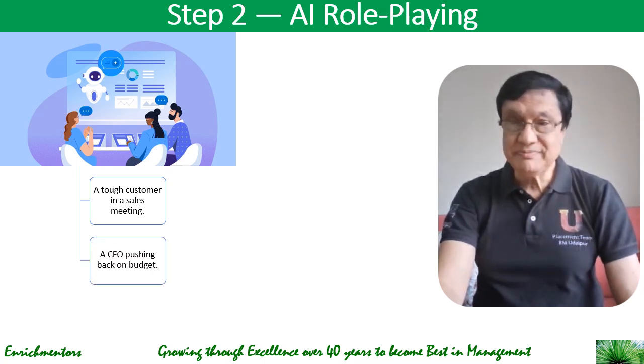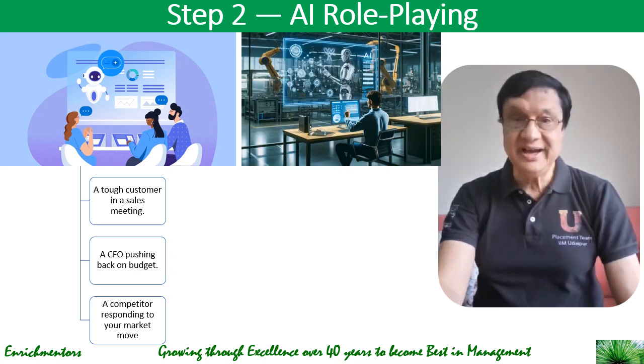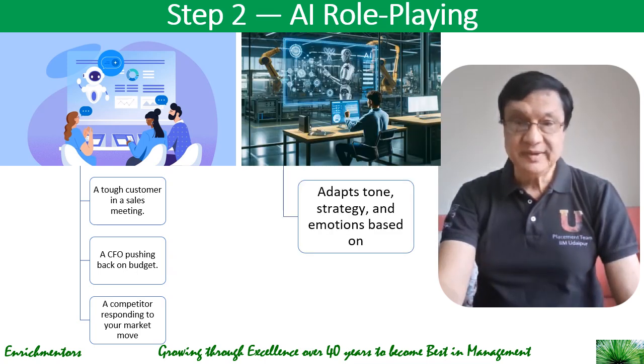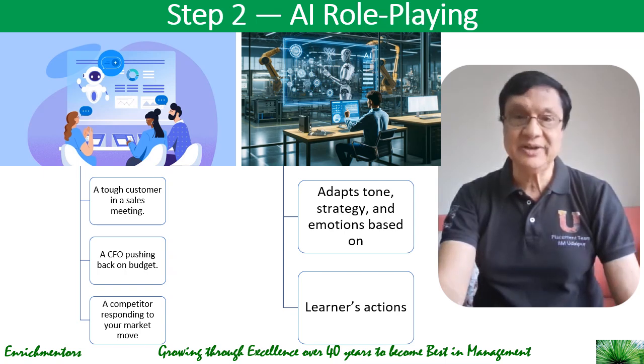It can simulate a competitor responding to your market move. As the role play happens, AI adapts tone, strategy, and emotions based on the learner's reactions and actions. So based on what the learner does, AI adjusts its tone, strategy, and emotions.